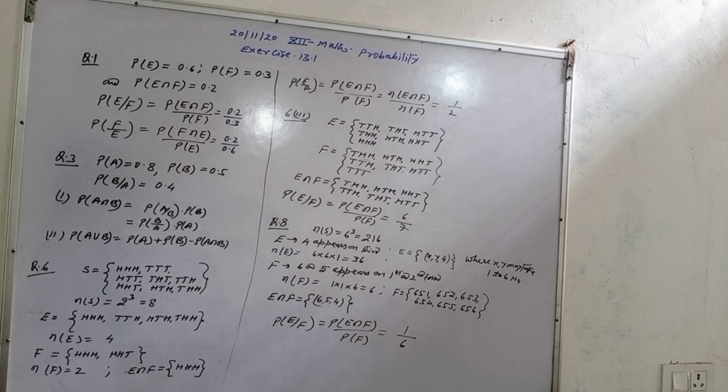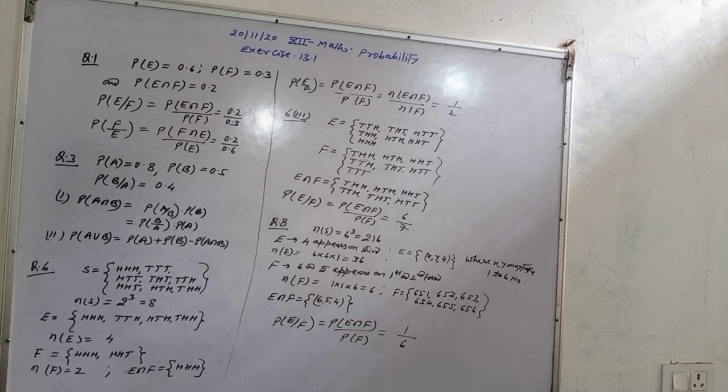So there will be 6 options for the third throw. So the total number of results will be n(F) 1 into 1 into 6, that is 6. And for this event you can write the results 651, 652, 653, 654, 655, 656. Because the number of results is small, for event F you can write them.